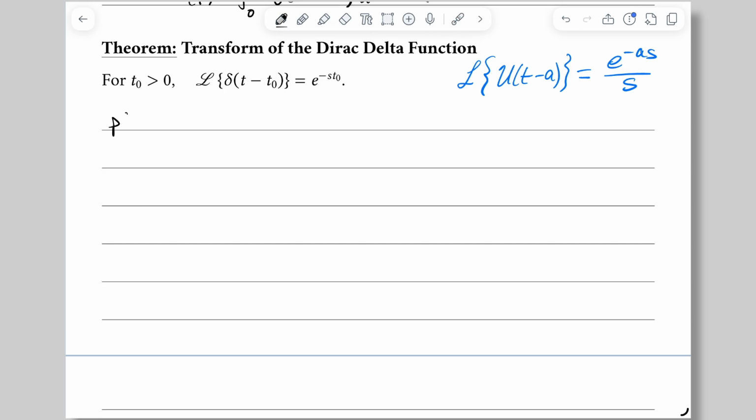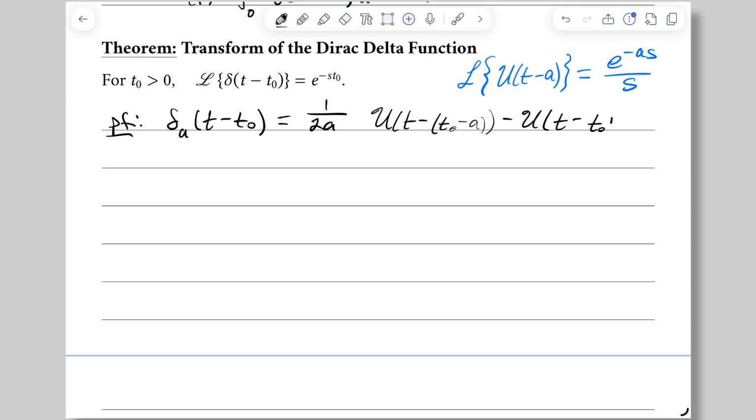Let's see a proof of this transform formula. We're going to start with the unit impulse function, delta sub a of t minus t sub 0. We're going to work with it and then take a limit. It's 1 over 2a times the unit step function of t minus the quantity of t naught minus a, minus the unit step function of t minus t naught plus a.